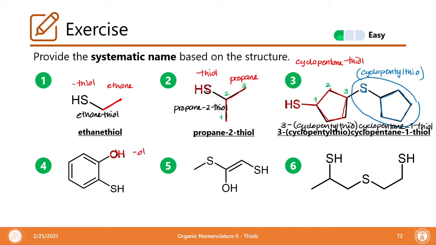We have a benzene ring directly connected to this alcohol, so it's actually a phenol. Then here we have a substituent. Our thiol becomes a substituent, and so we name it sulfanyl.